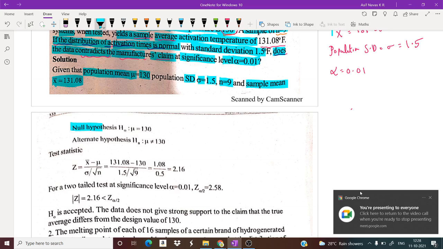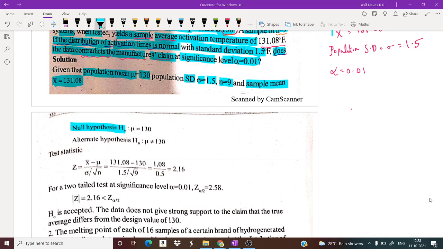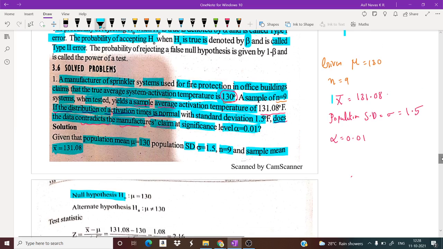The null hypothesis is H naught, which is the given assumption. The given hypothesis is that the fire protection system in the office building claims the average system activation temperature, that means the mean they claim, is 130.